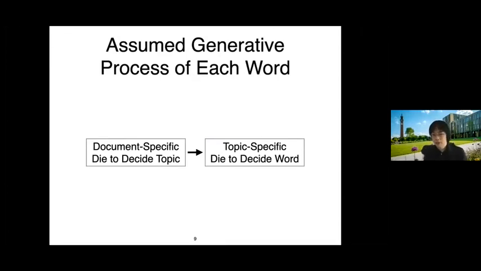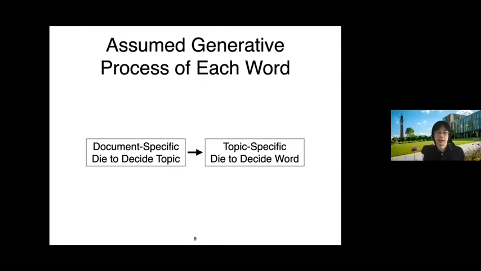So how does a topic model work? This is the assumed generative process of each word. We assume there's a die that is specific to each document, and the die is irregular. We roll the die, and the face of the die determines the topic we get.